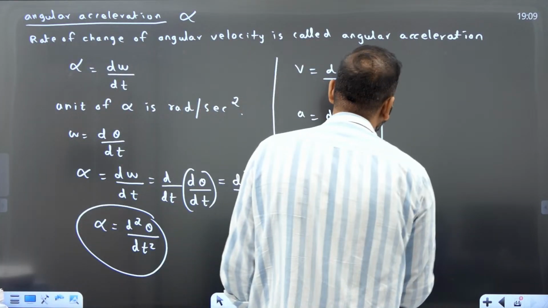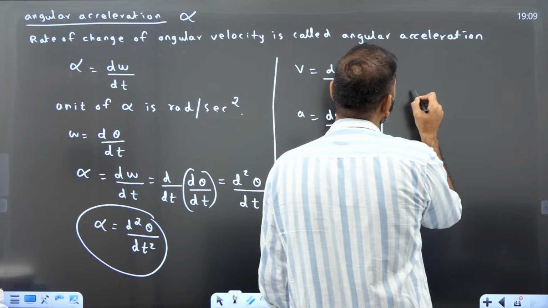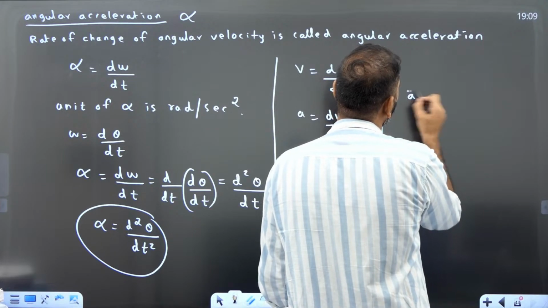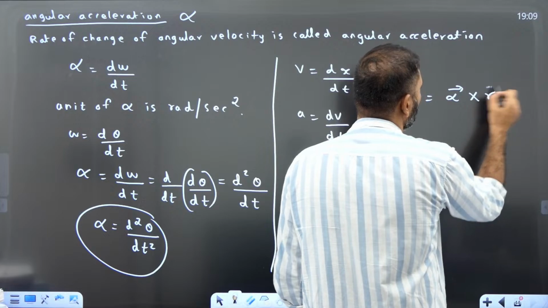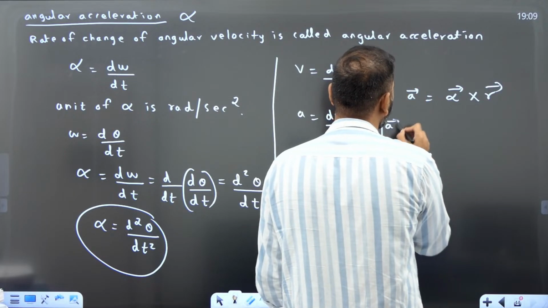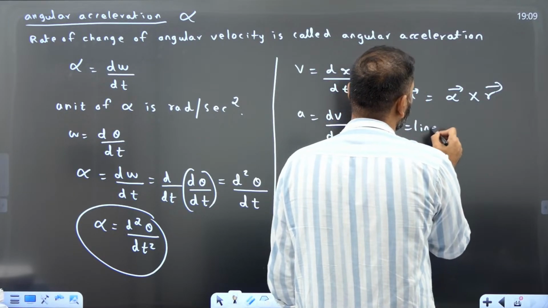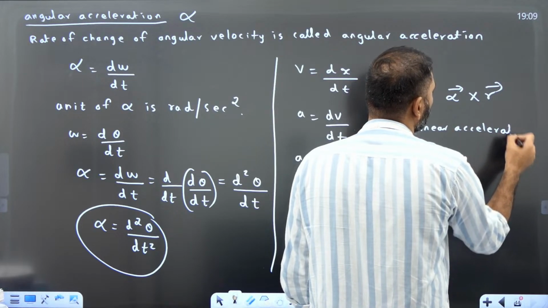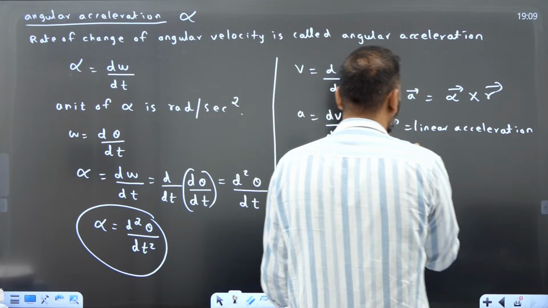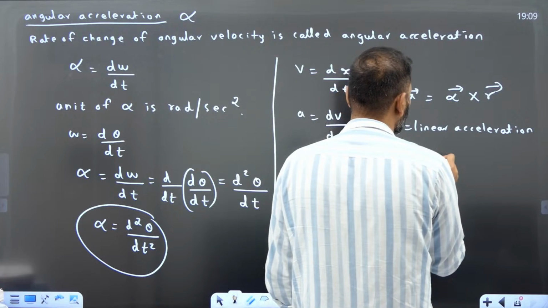What is the relation between linear acceleration and angular acceleration? A vector is equal to alpha vector cross r vector. What is A vector? Linear acceleration. What is alpha? Angular acceleration.